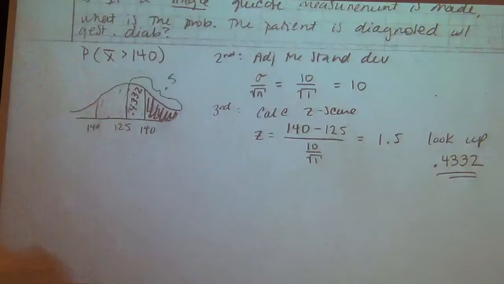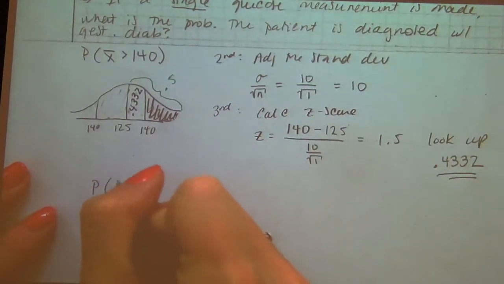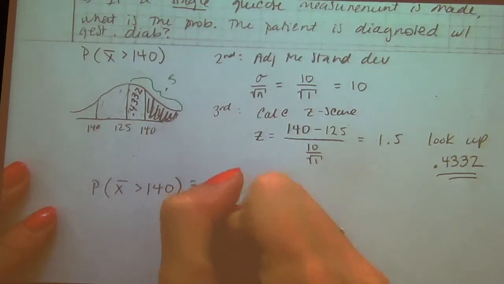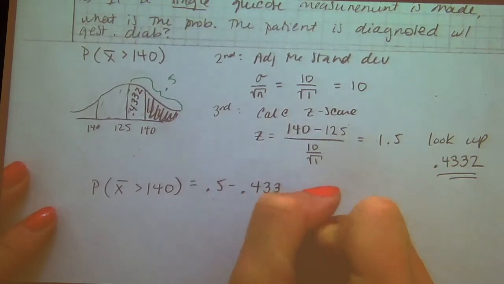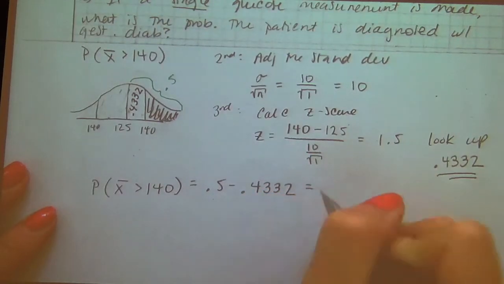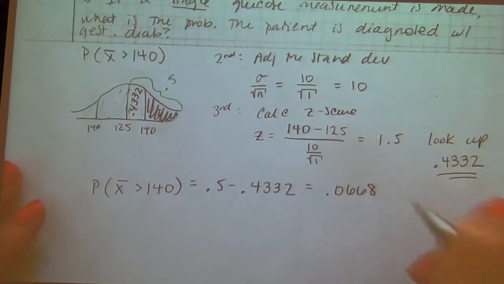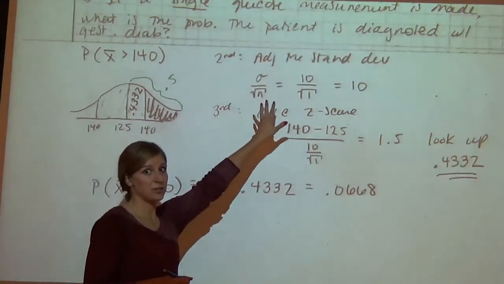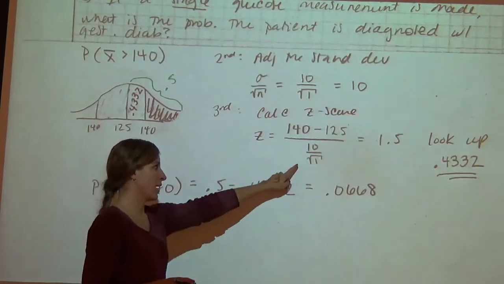So the probability that x bar is greater than 140 is 0.5 minus 0.4332, which equals 0.0668. We can see that since we only pulled a sample of 1, it didn't change our standard deviation. This looks a lot like chapter 11, except we have the root 1 down there.